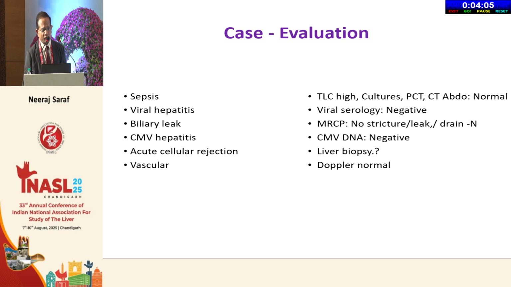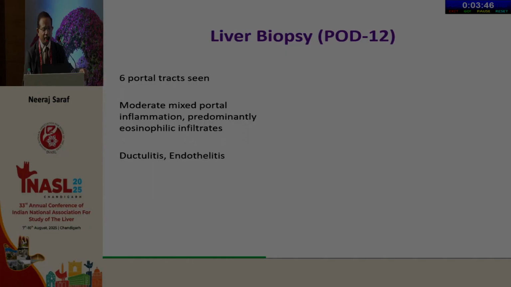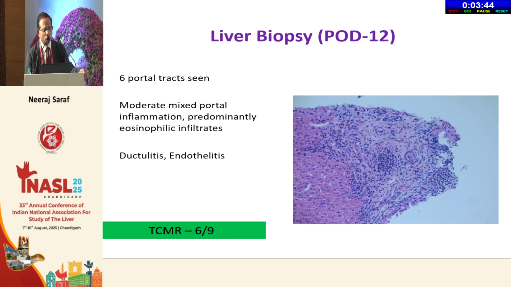So in this patient, we ruled out sepsis, although his TLC was slightly high. Viral serology was negative, there was no leak. CMV DNA was negative. Vascular complications were not there, Doppler was normal. Cellular ACR was obviously a possibility, so we did a liver biopsy on day 12.